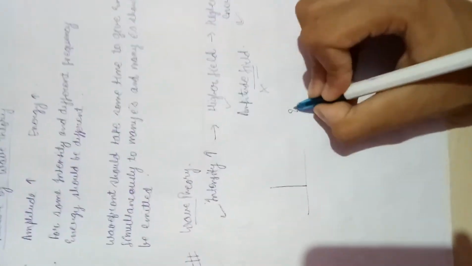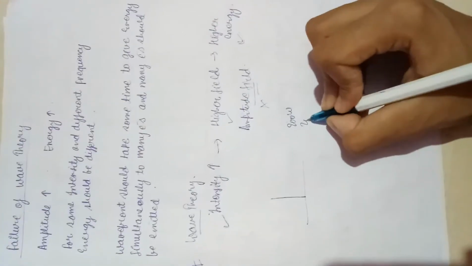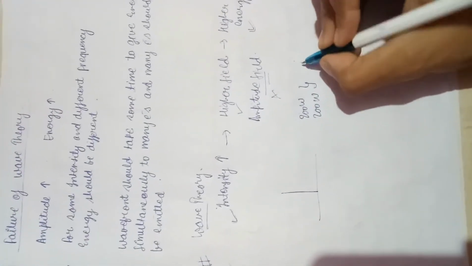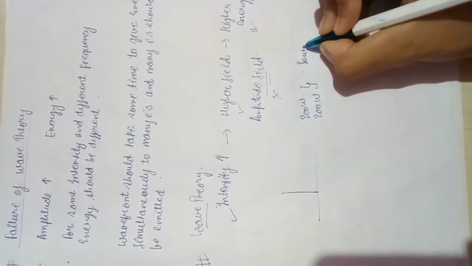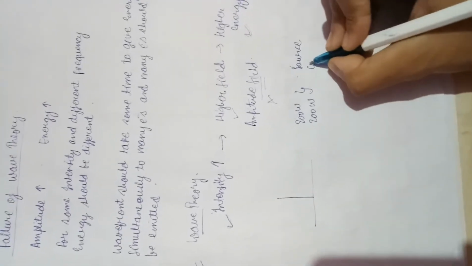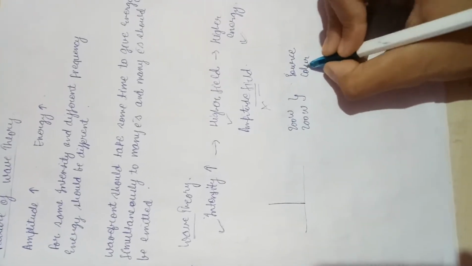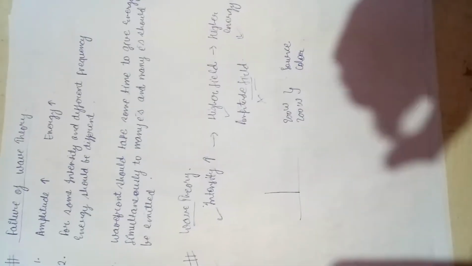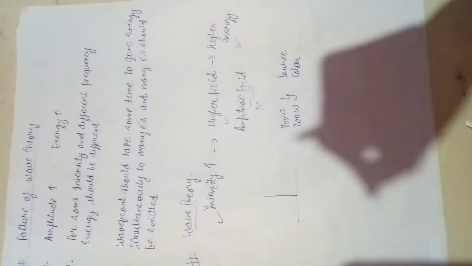I am using a 200 watt bulb and using different frequencies, meaning different sources, different colors of the sources. We get different values of voltage, different energy needed to stop the flow of current. But wave theory says that if we have the same intensity and different frequencies of the sources, then the energy should be different.